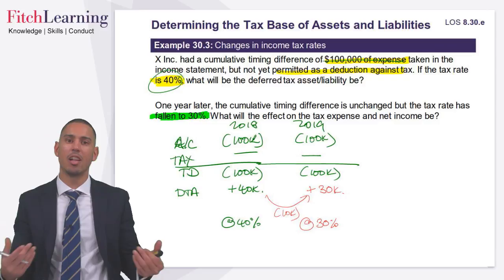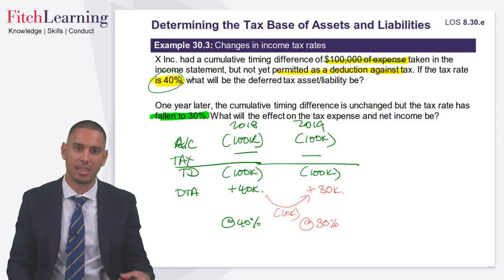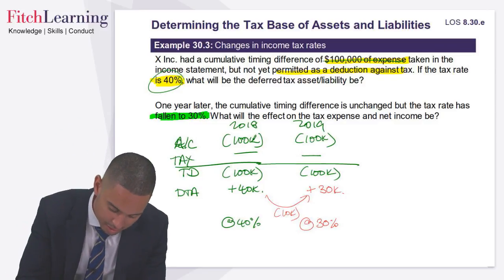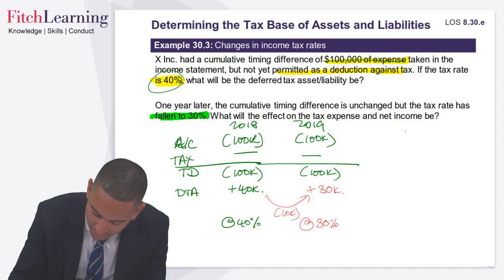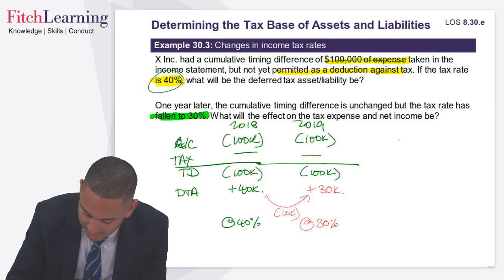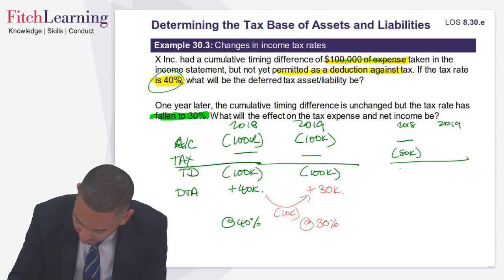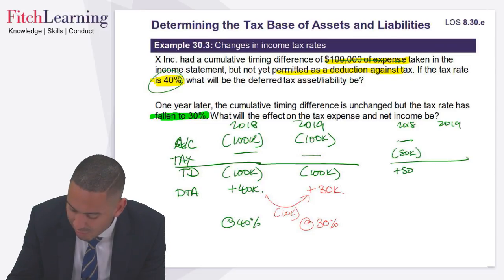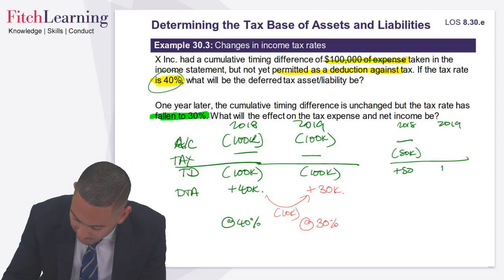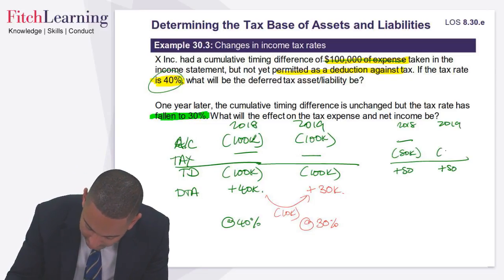Now the opposite for a liability. If I had a liability, and I'll just draw it up there, so we're used to it, where, let's say it was the opposite, I was allowed nothing through my accounts and I was allowed to take 50k through the tax as a deduction. I end up with a temporary difference of plus 50, nothing's changed.